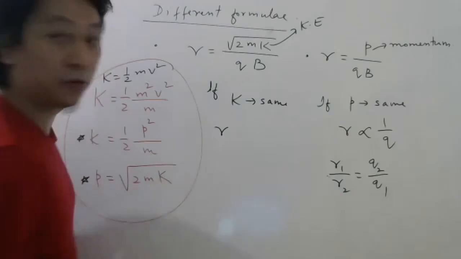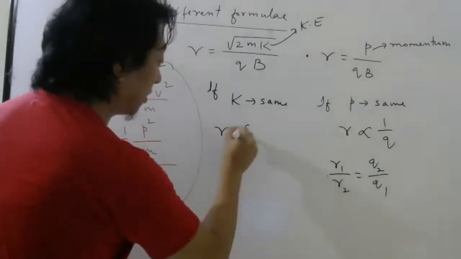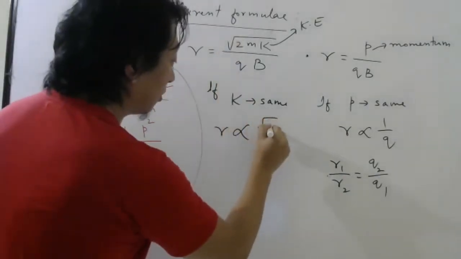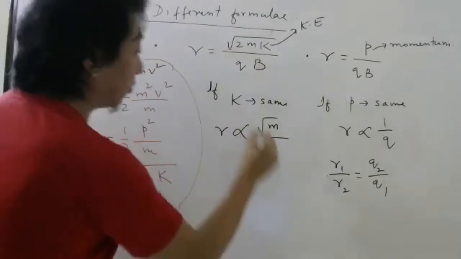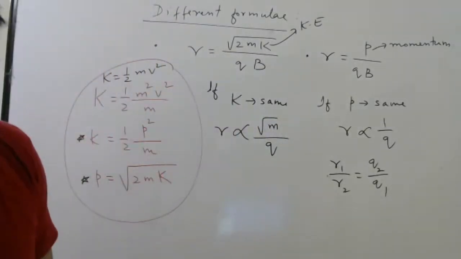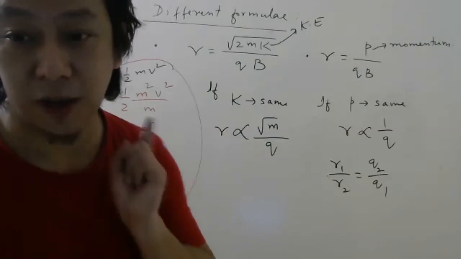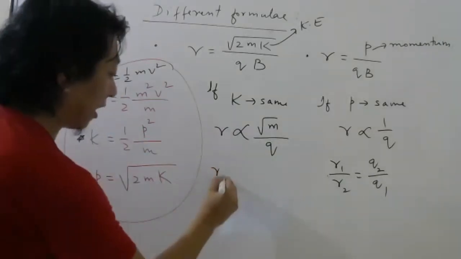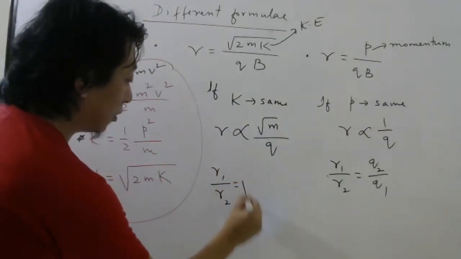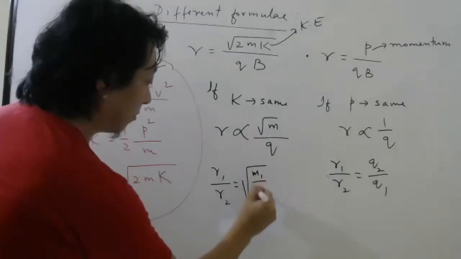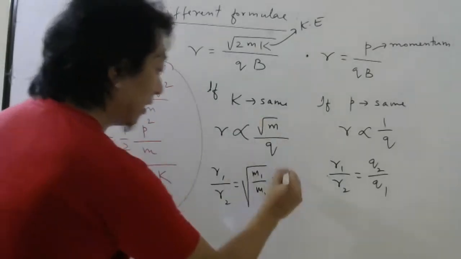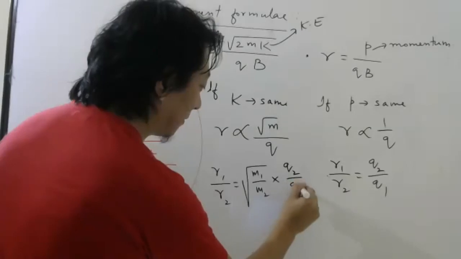Okay, so you can see the radius is proportional to square root of mass, but inversely proportional to charge. Okay, students, so don't forget the square root. So now what will be the ratio? R1 by R2 is square root of M1 by M2 into, inverted, Q2 by Q1.